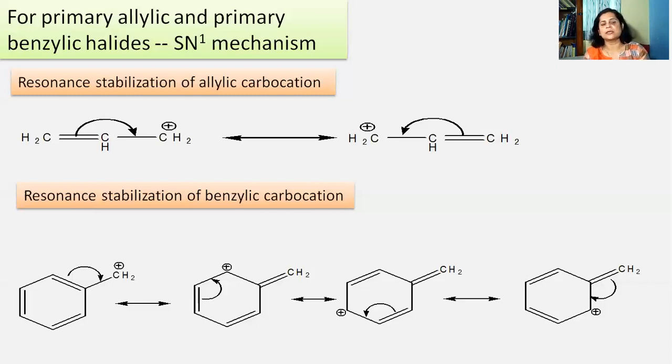So what you are seeing here is that though they are primary allylic and primary benzylic halides, they show the SN1 mechanism as they form a stable carbocation. So what you have studied here is all about SN1 and SN2, the nucleophilic substitution mechanisms. Thank you.